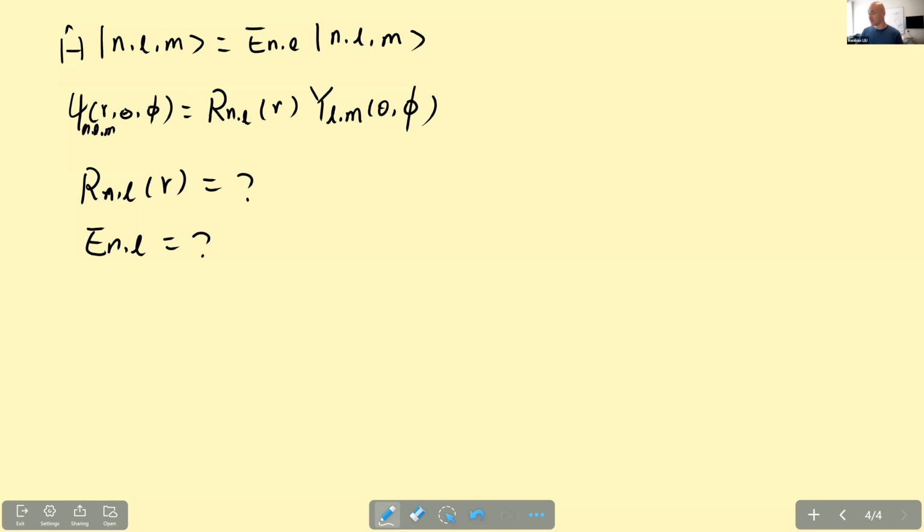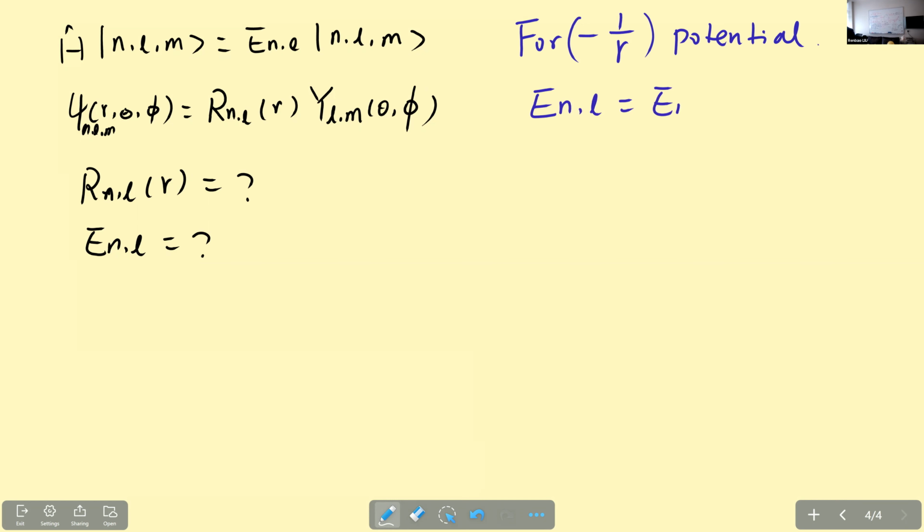So the important thing for this 1 over r potential, okay, we have that E_nl actually equals to E_n. So it's independent of l. So that's one thing very important.